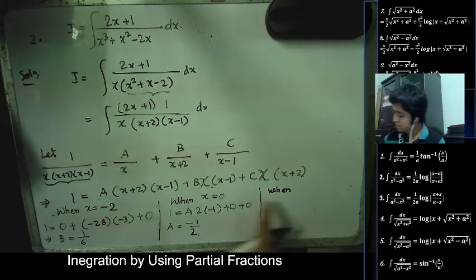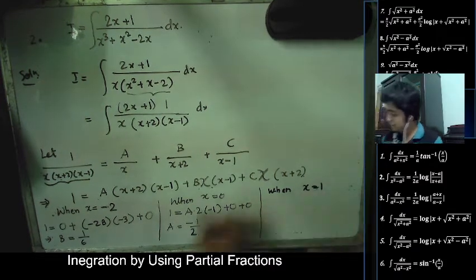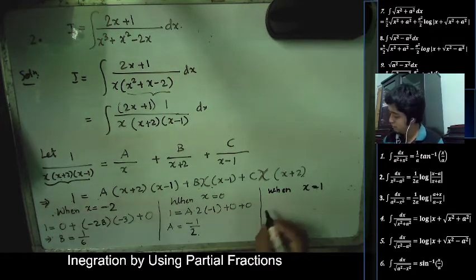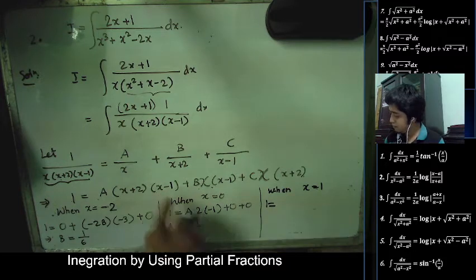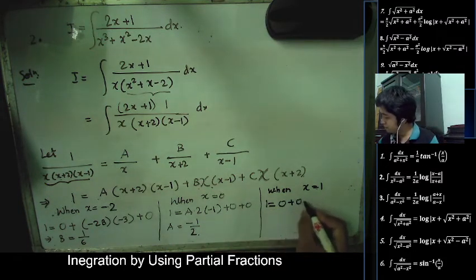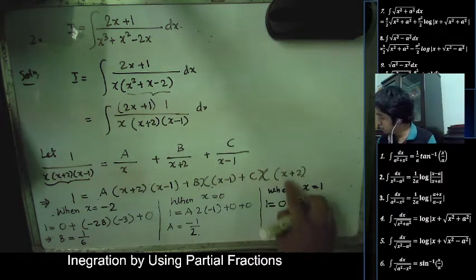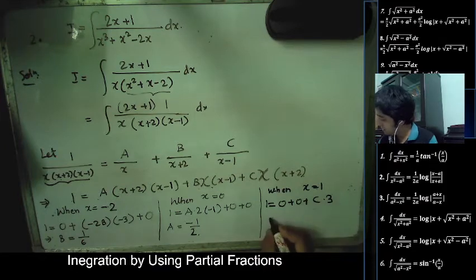Now let us choose another value. We can choose x is equal to 1. So when we choose x is equal to 1, over here will be 1. Over here will be 0. Now this second term will also be 0. The third term will be c. Over here will be 1. So it will be 3c, c will be 1 by 3.